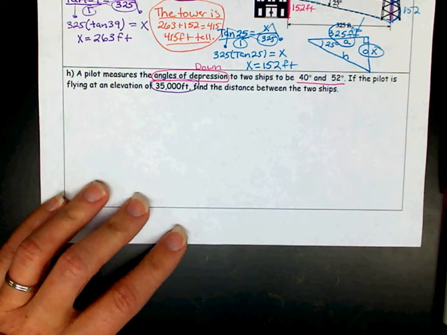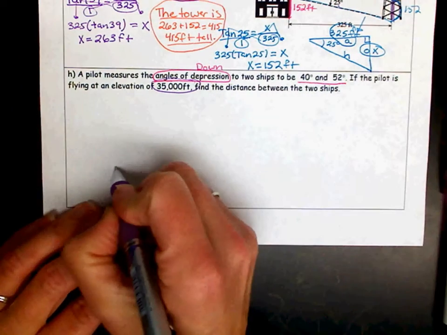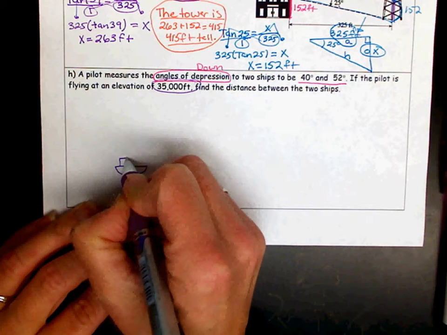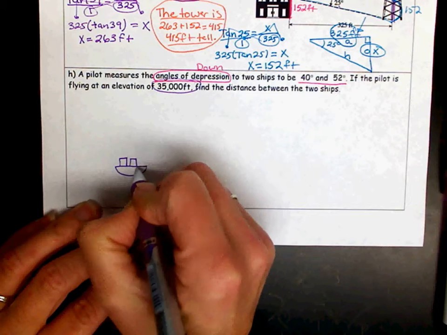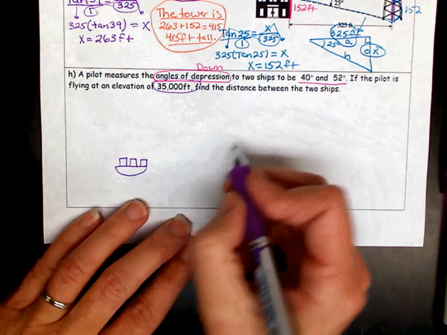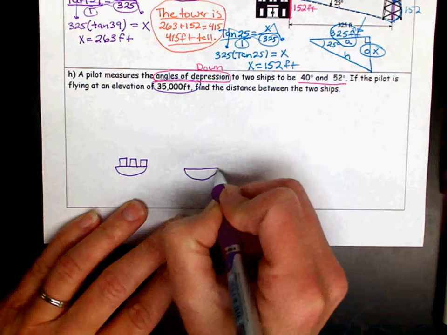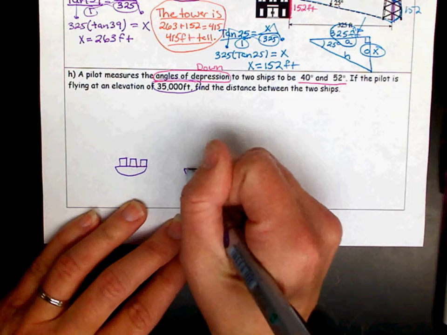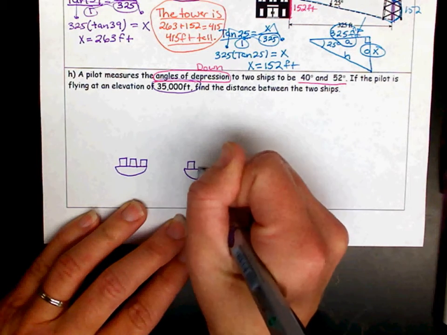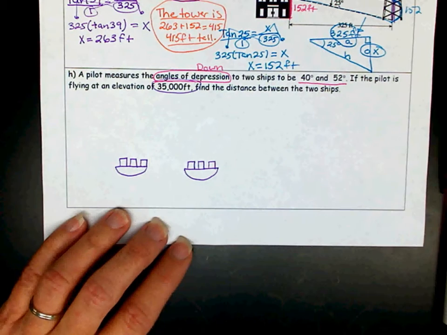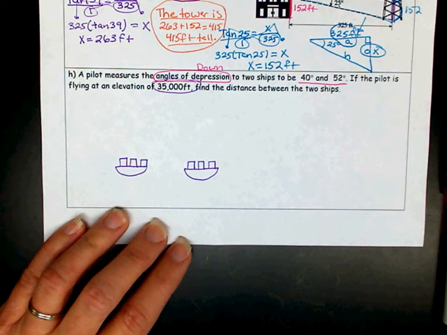Okay, we're going to draw a picture. I'm going to have my two ships. Then my airplane's in the air.